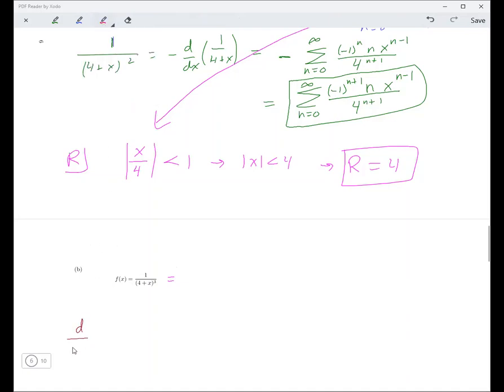So the derivative of 4 plus x to the negative 2, which is this one right here, which we just figured out, that is going to be negative 2 times the 4 plus x, and then you reduce this by 1, that's negative 3. So that's negative 2 over 4 plus x cubed.